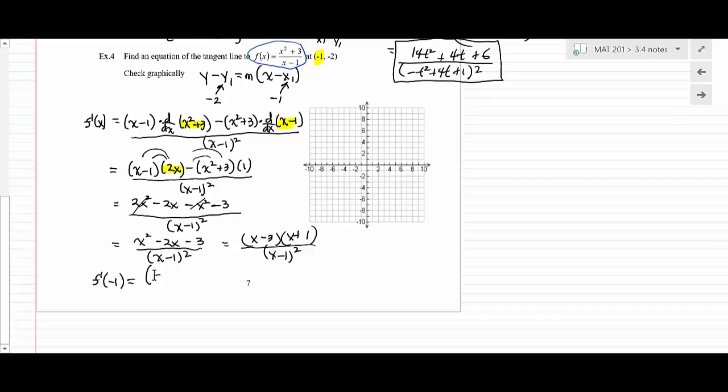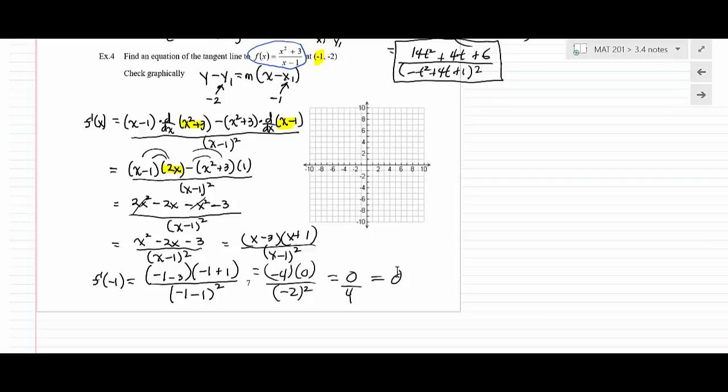So we'd have negative 1 minus 3 times negative 1 plus 1, then that's negative 1 minus 1 squared. That ends up being negative 4 times 0 over negative 2 squared. That's 0 over 4, so it's 0. I like it when that happens. That makes the problem way easy.